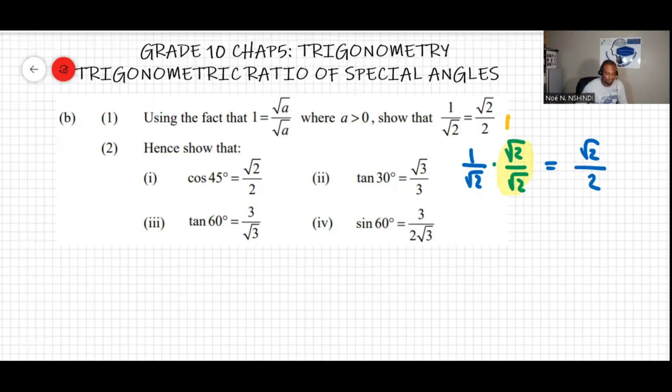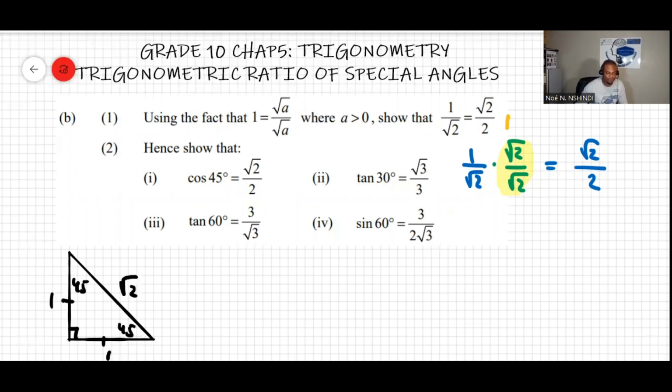For 45 degrees, this seems like an isosceles triangle. 45 there, and then it's going to be 1, 1, and then that was root 2.